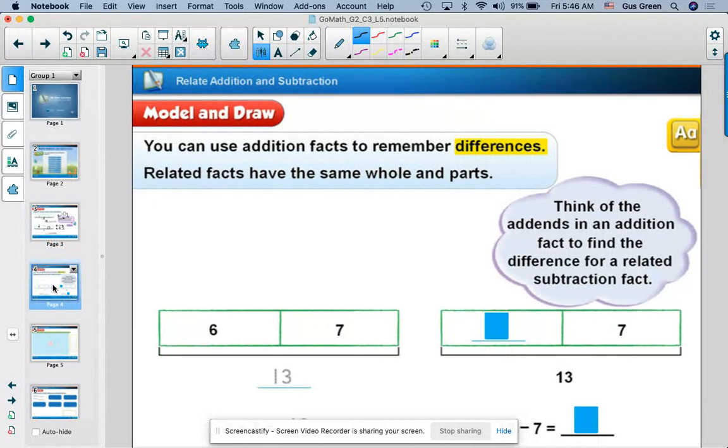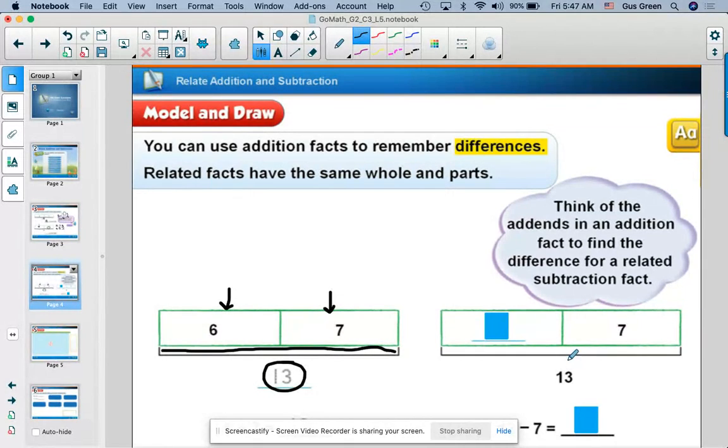Let's look at another. Okay, so for this one, we're going to do 6 plus 7 equals what? And the book already has your answer written, and you can trace over it. But remember, this is the first part. This is the second part. And then this long bar is all together.